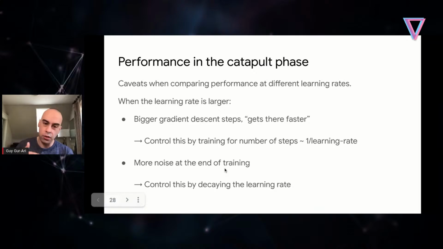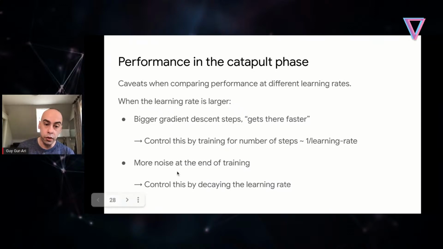And the second effect, which goes in the other direction, is that toward the end of training, when we're in this basin and we're sloshing around the minimum, larger learning rates lead to more noise. It makes it harder to get closer to the actual minimum, and that's an advantage that the small learning rates have.